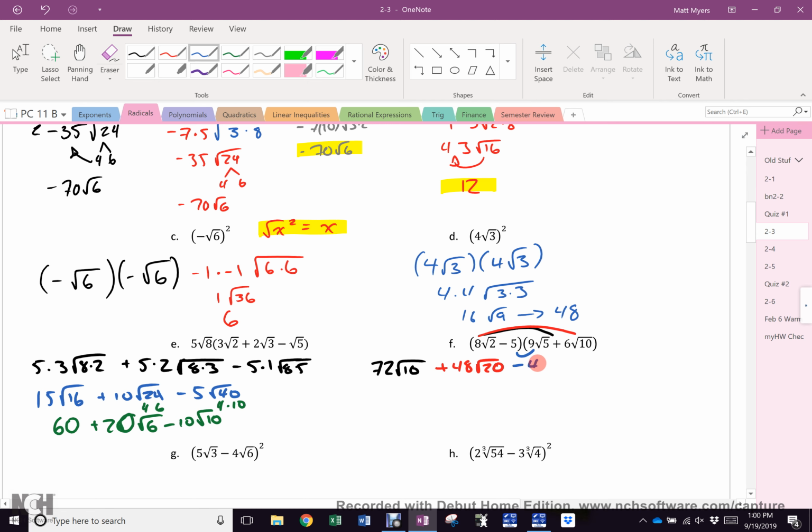Minus 45 root 5. And then the green one. Minus 30 root 10. Radicals go with radicals. Coefficients go with coefficients. Then what?